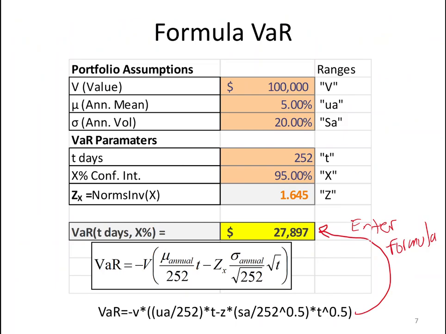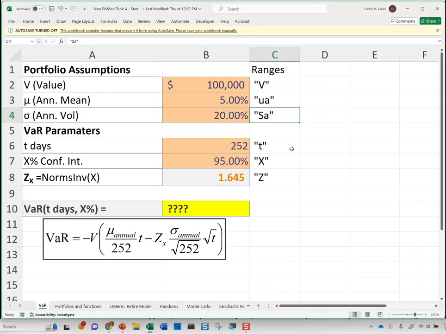So we'll go to a spreadsheet and enter the VaR formula, using that last formula. To make life easier, I've already set cell range names. Up here in the corner, notice I've given the portfolio value in B2 a range name of V. The annualized mean, 5%, I called UA, for mean annualized.